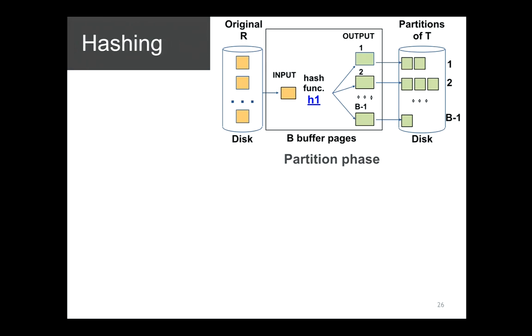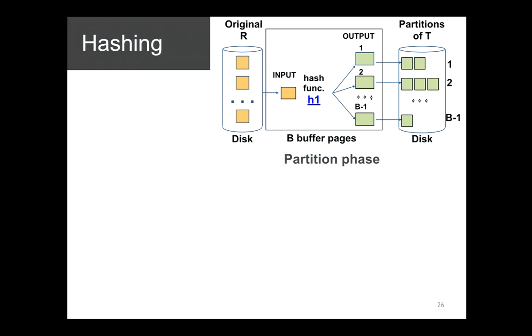The rest, B minus 1, are used for hashing the records of the input on the projection list. Okay, so given the projection list, you ignore all the other attributes in the record and then copy the records with the projection list value onto one of these B minus 1 pages based on a given hash function h1. The hash function h1 takes as input the entire set of attributes in the projection list.